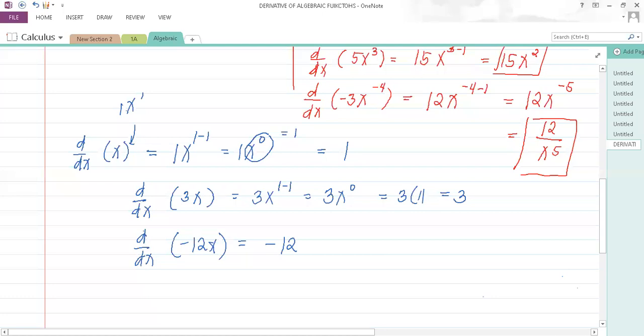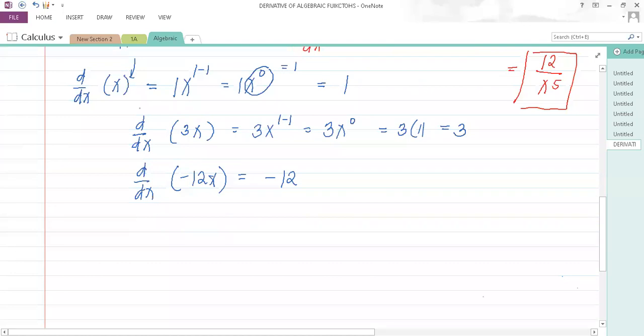Paano pagka meron naman tayong fractional exponent? So what if we have a fractional exponent? Paano natin kukunin yung derivative ng fractional exponent?